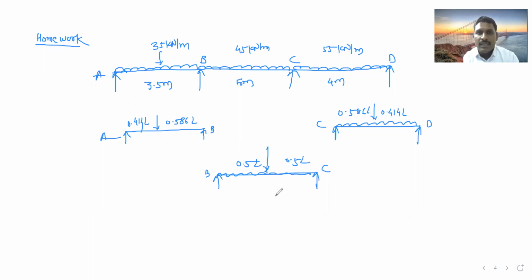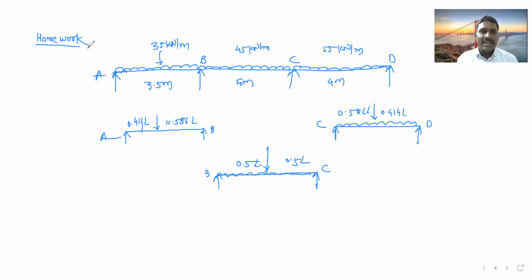So keep this in mind. If the UDL lies on the center span of the continuous beam, where does the load act? Exactly at 0.5 L. It means exactly at the center. Are you getting this? Yes, sir.